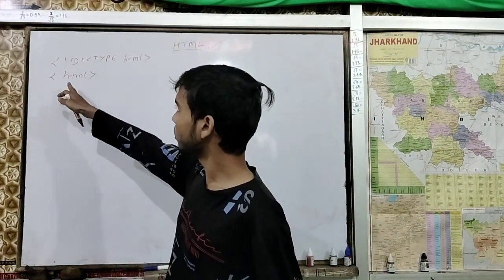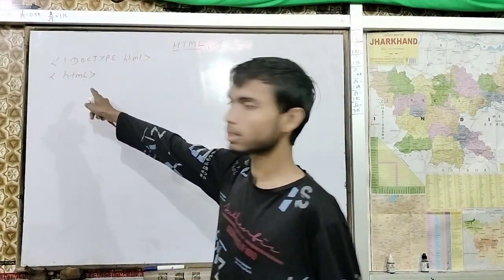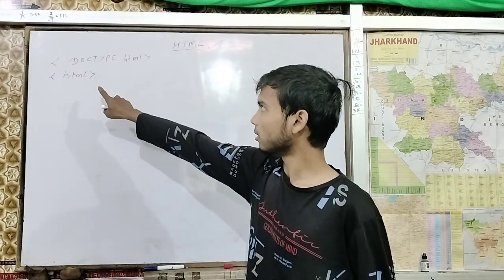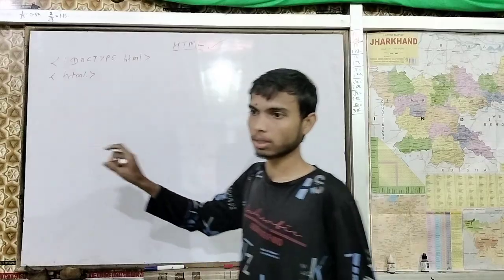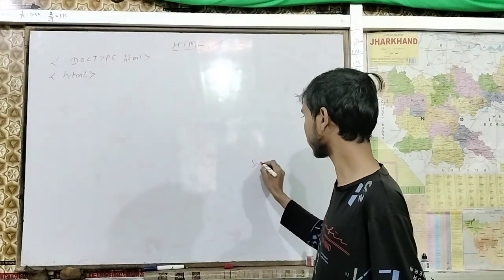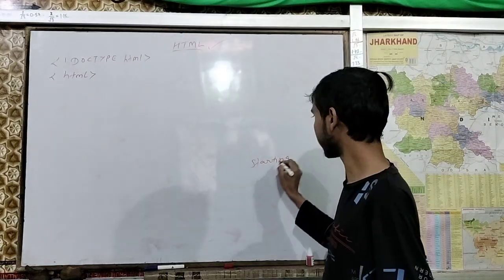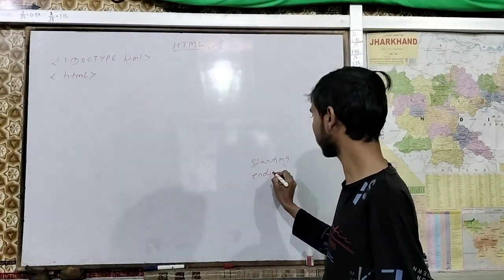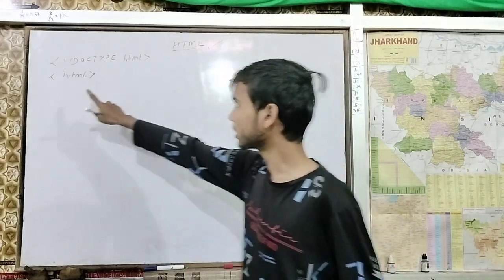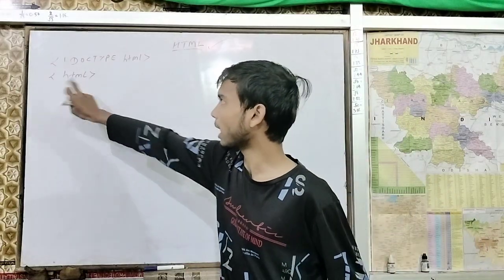Now as you can see, this html tag is the second tag. Remember, one tag will be the starting tag and the second will be the ending tag. So what's the difference? When you start a tag, it will look like this.